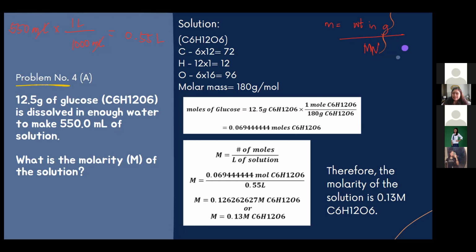And then identify how many atoms of each element are present. You can see that in their subscripts. For example, carbon, C6 means you have 6 atoms of carbon, and then you have 12 atoms of hydrogen, and lastly, 6 atoms of oxygen.